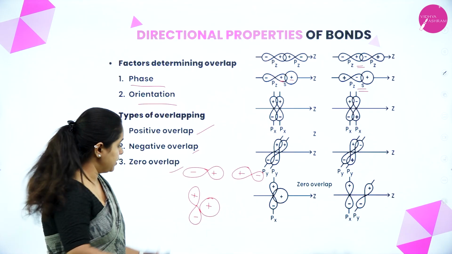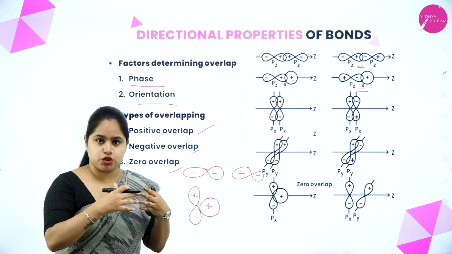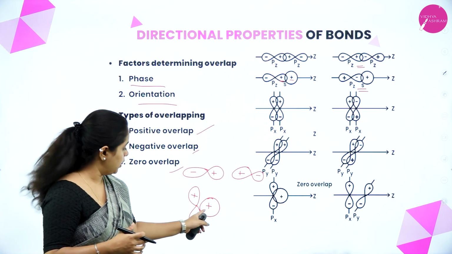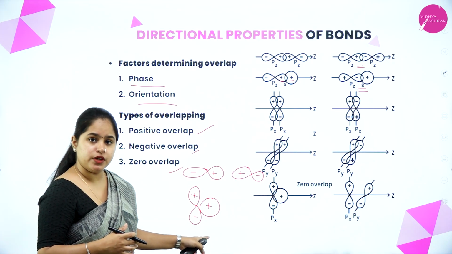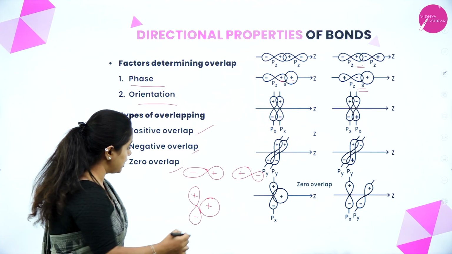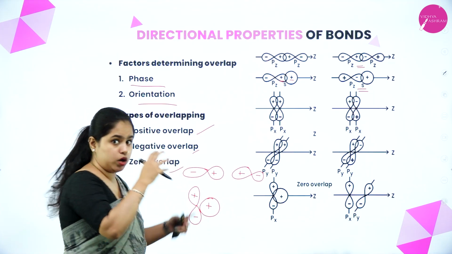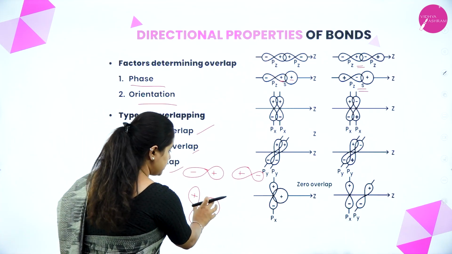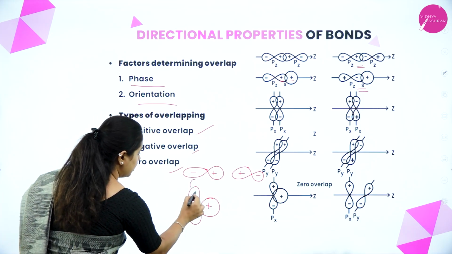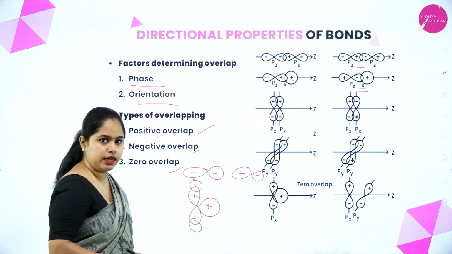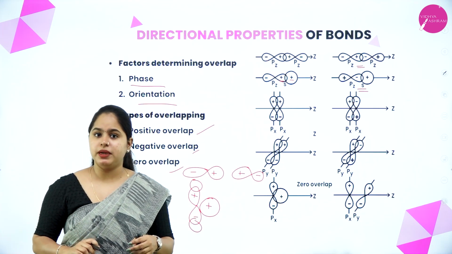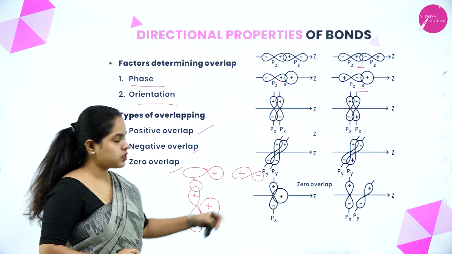Even though they are coming closer to each other, overlapping is not possible here. Why is overlapping not possible? Because the electrons are actually present here and here on the lobes. We know that. So if the overlapping has to take place, this s orbital has to combine either from here or here, and it can't come in this direction. So the overlapping won't be taking place. That is one example.